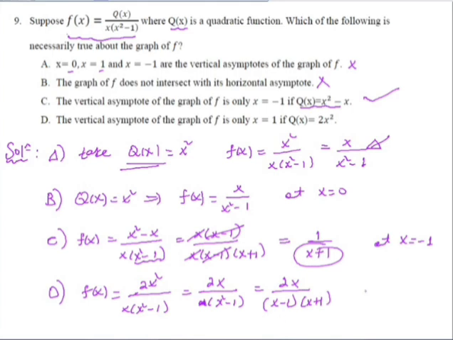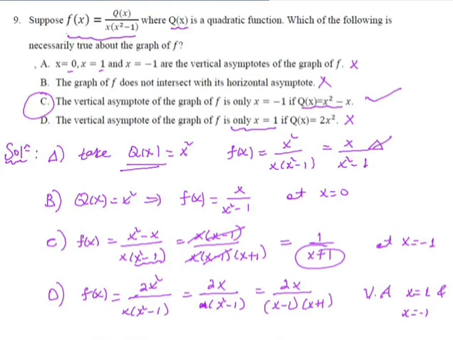Therefore, this function will have a vertical asymptote at x equals 1 and at x equals -1, so it's not only x equals 1. So this statement is not necessarily true. Our answer for this problem is C.